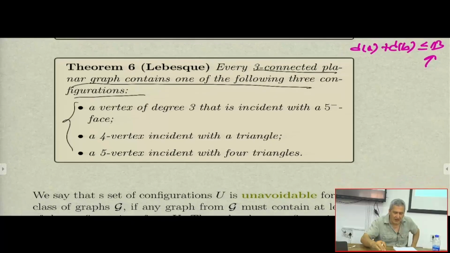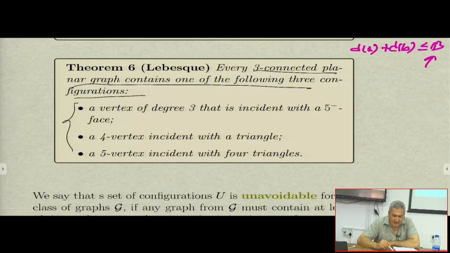A vertex of degree 3, so the configurations are like this, incident with a 5-minus face, so we have like a 5-minus face plus a 3 vertex, yes? This is the first one. This is the second one, a 4 vertex incident with a triangle. We have a triangle and a 4 vertex. And a 5 vertex incident with 4 triangles.